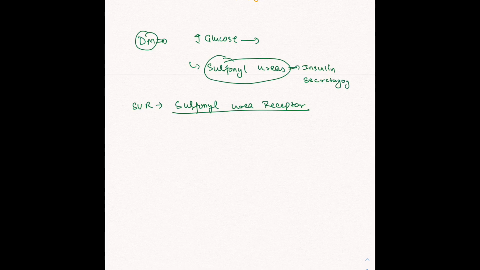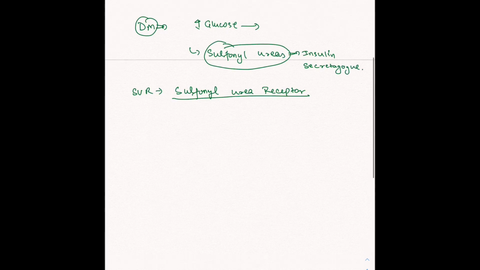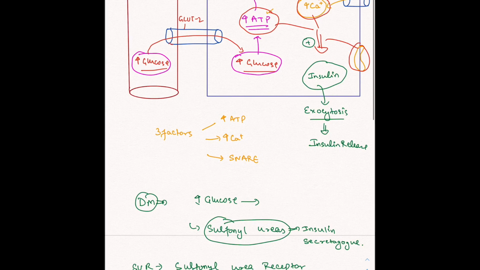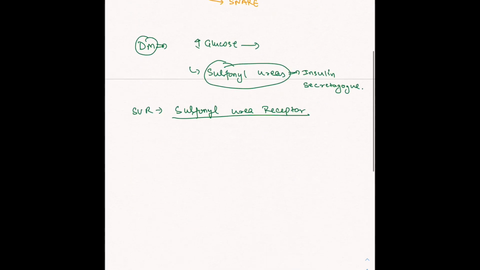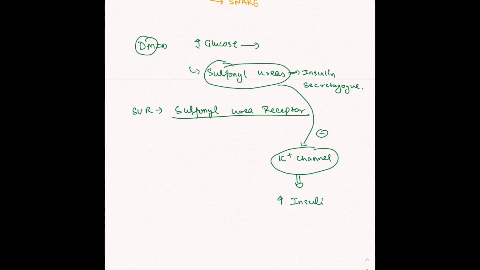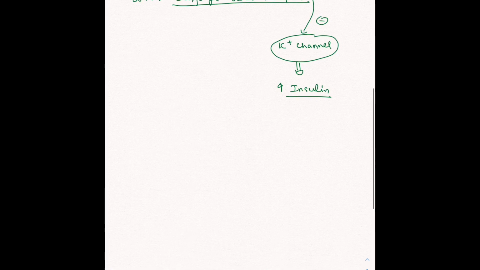Its action is just like ATP: it inhibits the potassium channel. By inhibiting the potassium channel, we know this will lead to release of insulin. So more insulin will be there, which will decrease the excess glucose.